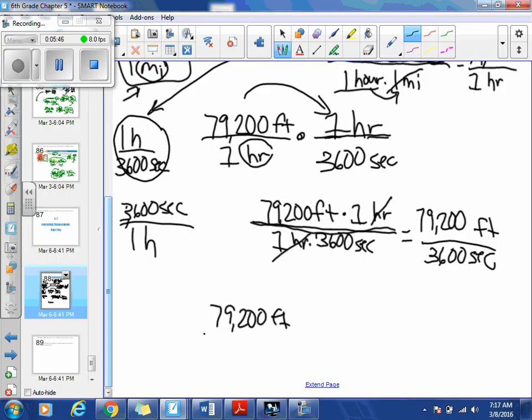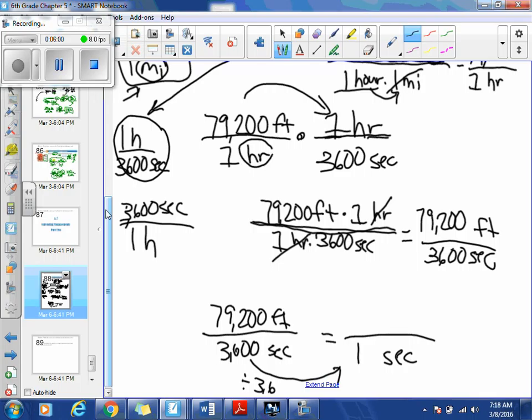So we would say, all right, 79,200 feet for 3,600 seconds. I want to find the unit rate. I want to find out how fast the zip line goes in 1 second. So how do I get from 3,600 to 1? Well, I divide by 3,600.